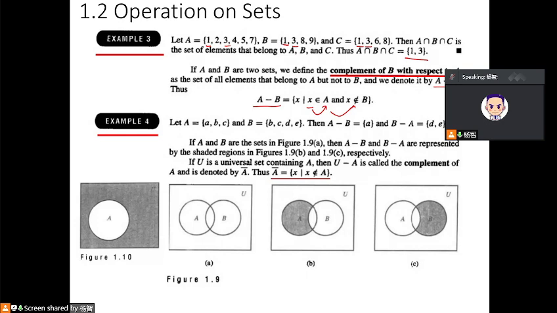Let's look at example 4. A equals {A, B, C} and B equals {B, C, D, E}.